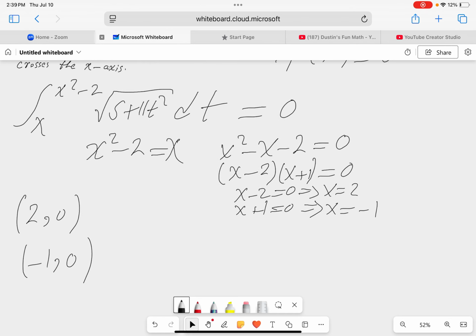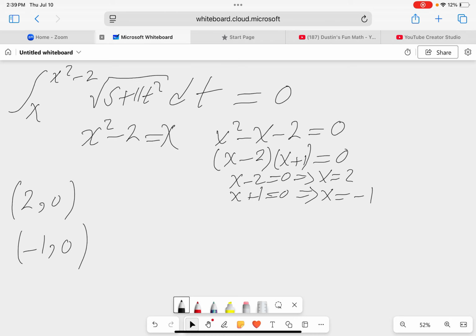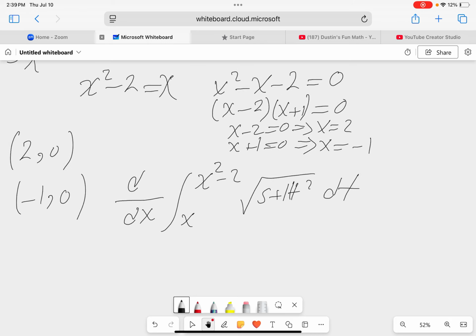So let's take the derivative with respect to x of the integral with ending variable t equal to x squared minus 2 and starting variable t equal to x, of the square root of 5 plus 11 t squared dt.